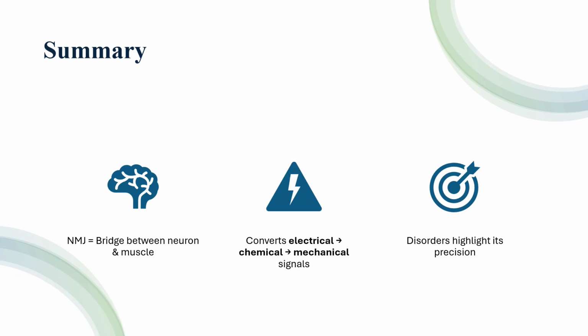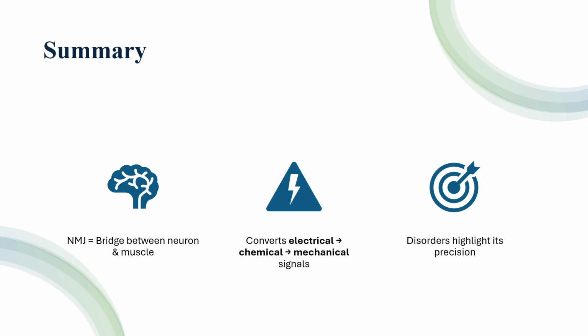Finally, acetylcholinesterase ensures the signal ends cleanly, hydrolyzing acetylcholine and resetting the synapse within milliseconds. This ensures each impulse produces one precise twitch, not a second too long, not a millivolt too late.